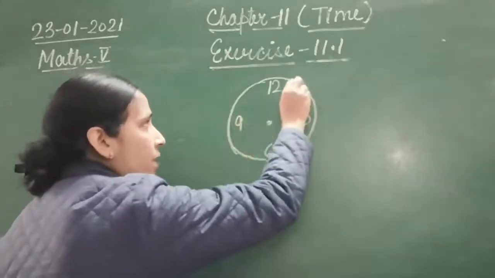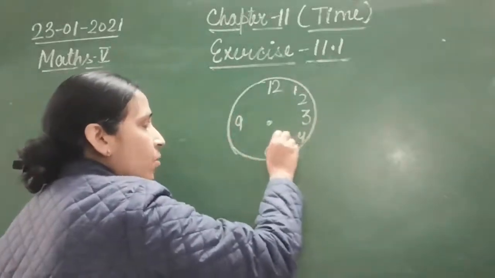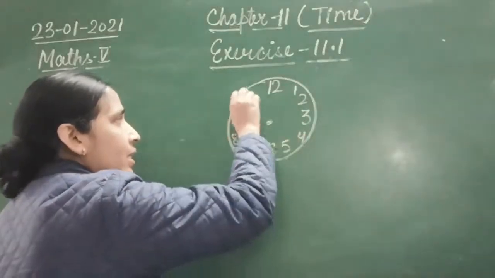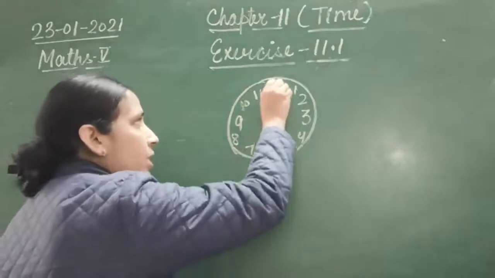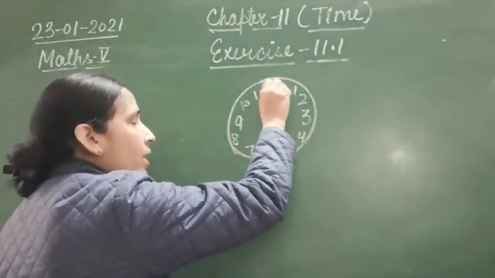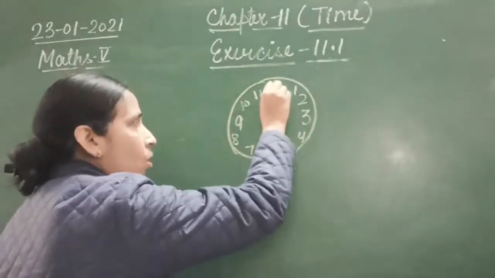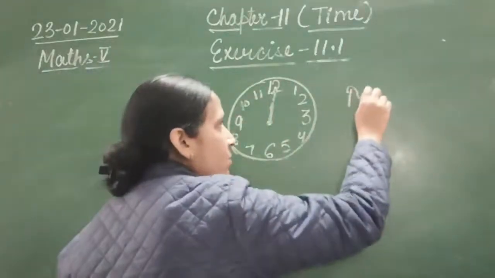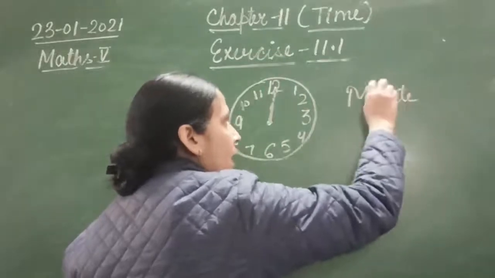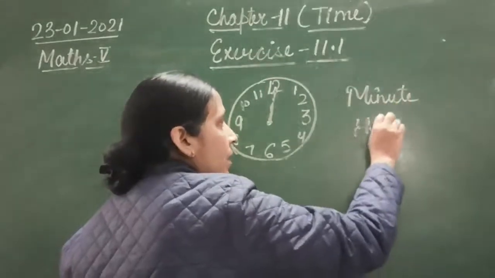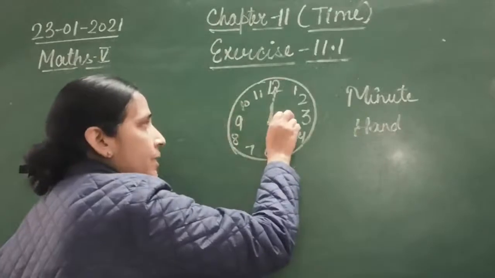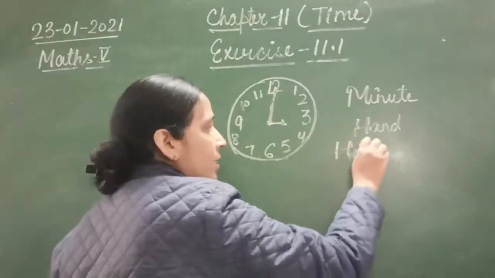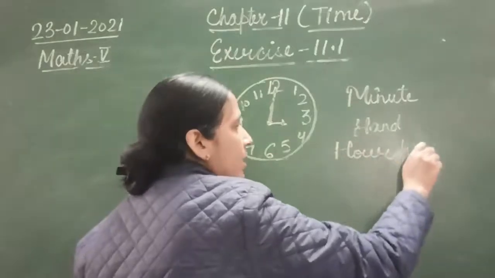Now in a clock we have all these numbers 1, 2, 3, 4, 5, 6, 7, 8, then 10 and then 11. The longest hand, the long hand, is the minute hand, and the short hand of a clock is the hour hand.